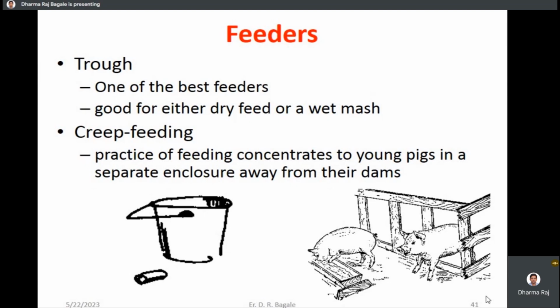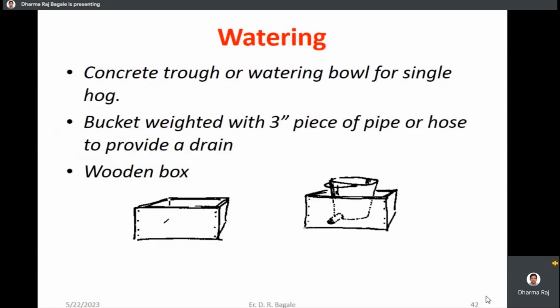One of the best feeders is the trough, good for either dry feed or wet feed. And feeding concentrate to the young should be done in a separate enclosure away from their dams, especially for the young piglets, because they may waste these feeds in the stall and make it dirty.